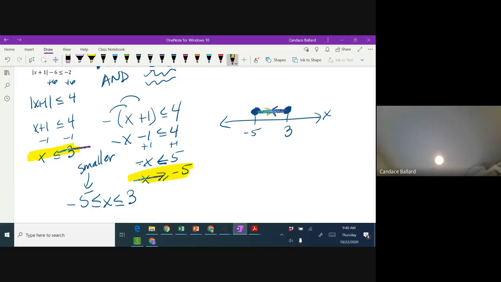The reason I wait to draw the whole thing, and I don't just assume they're going to connect, is sometimes in an and situation, we end up with it maybe going the wrong direction, or maybe it looks just like that, okay? So I don't know exactly where it's going to until I actually get to the end.